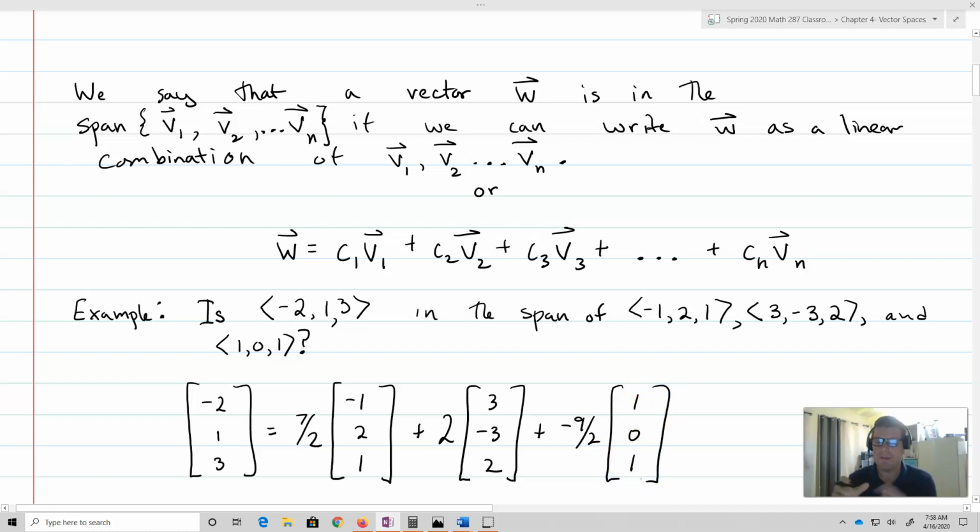And if you stop the video for a second and check, you'll see that that in fact is what it equals. So consequently, (-2, 1, 3) is in the span of these three vectors, because those scalars actually exist.